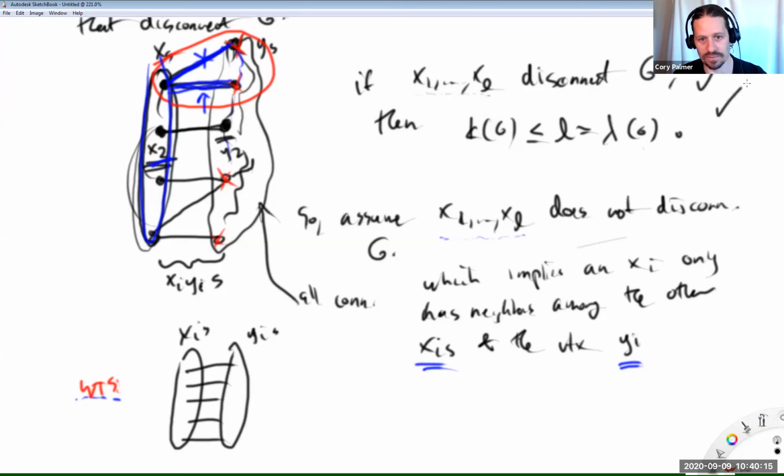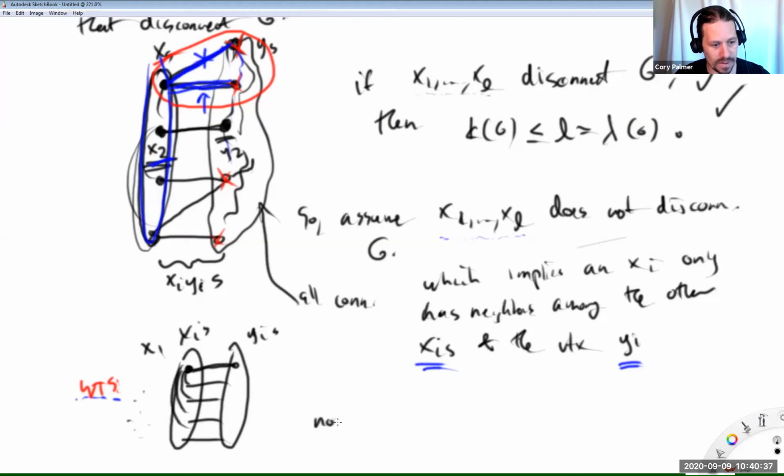Because we already know that finishes the proof. So that means there's no vertices over here. Just think of this as a left to right picture. Now, each xi, say x1, is adjacent only to this guy across here. It can't be adjacent to anything else anywhere in the universe, otherwise that part will be disconnected when I remove the xi's. X1 could be adjacent to the other vertices in the set here.